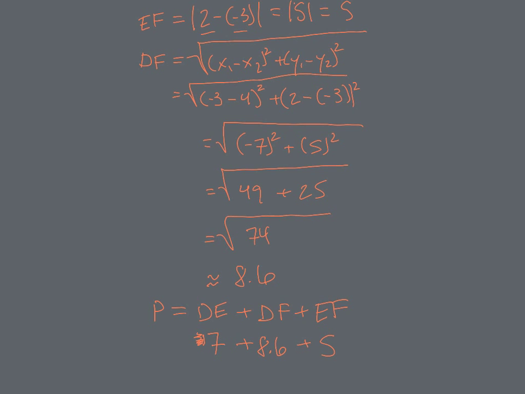That's not a 17, that's just a 7. 7 and 5 is 12. 12 and another 8 is 20. So that gives us 20.6 for the overall perimeter, P.